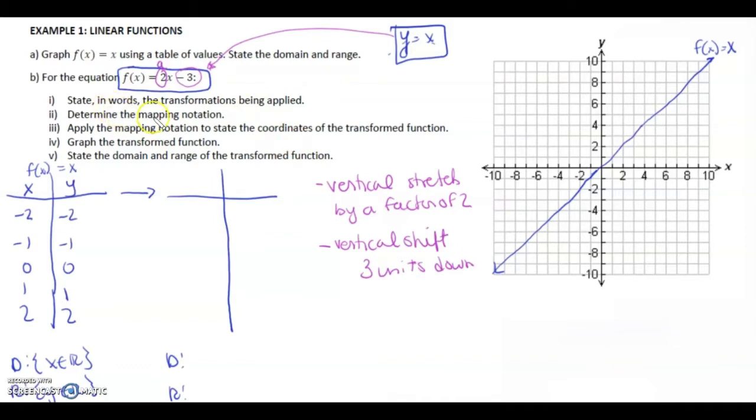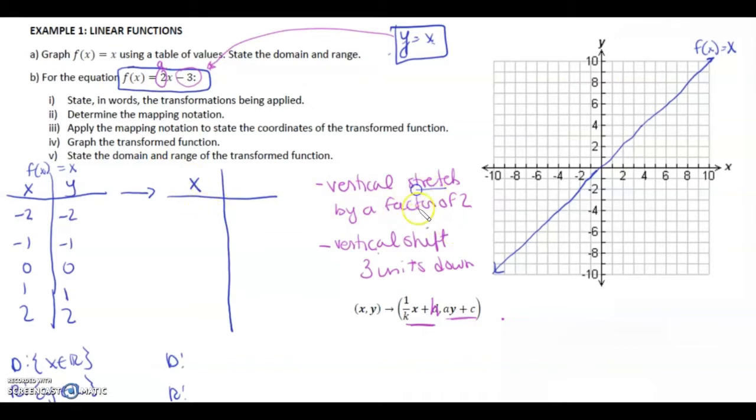Okay, now let's talk about determining the mapping notation. For mapping notation, we're going to take the original, which is (x, y) over here, and ask, what's affected? Is the x affected or is the y affected? In this one, neither of these affect the x. These are both vertical. So the x is going to stay the same.